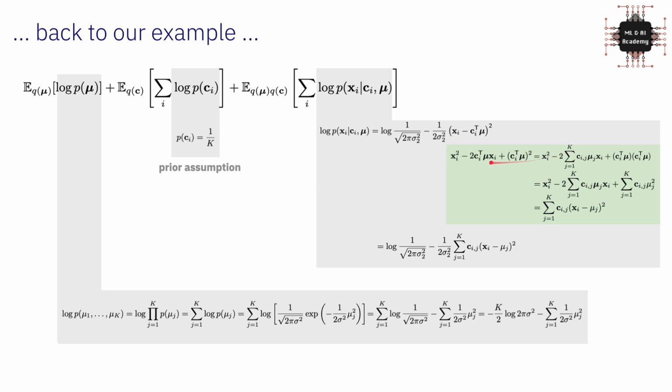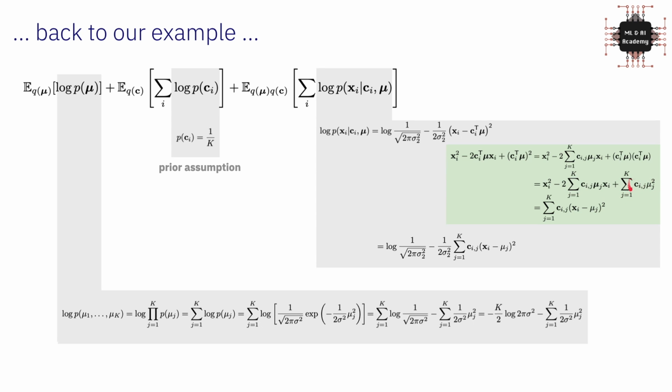And that's why Ci transpose mu is nothing but the summation over its k components of Cij mu j xi. Also notice that this squared term is nothing but Ci transpose mu times Ci transpose mu, so that's just this squared.